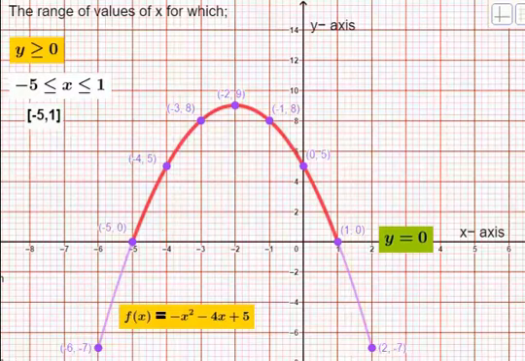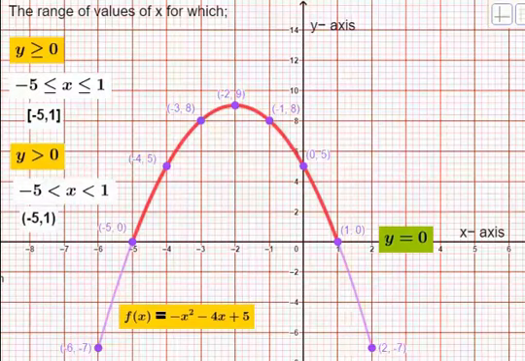Then for y greater than 0, this would give us the same values of x, -5 and 1.